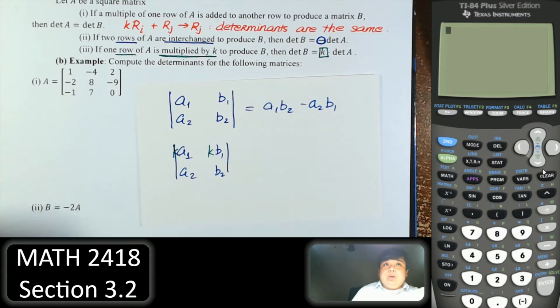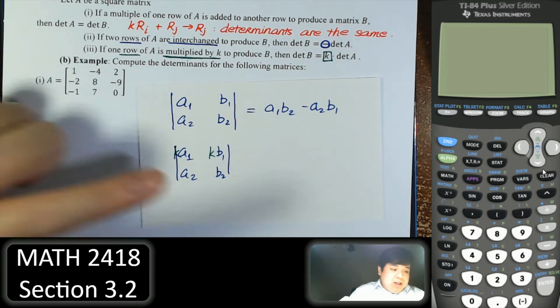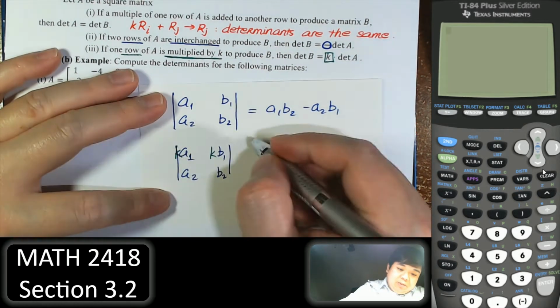Of course, if we use the cofactor expansion, we will base everything on that row.